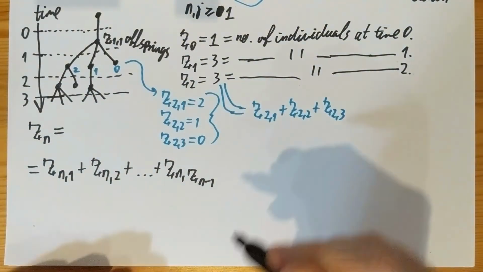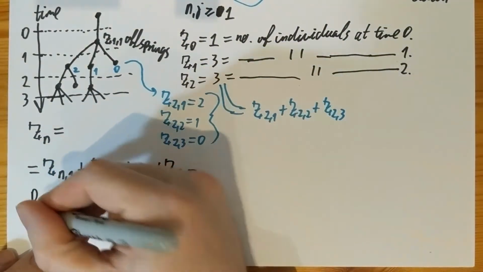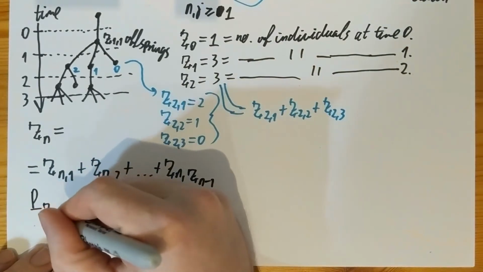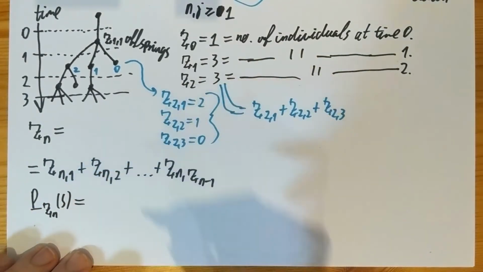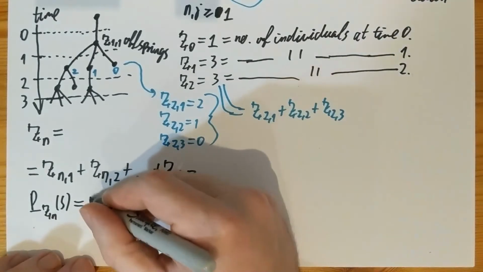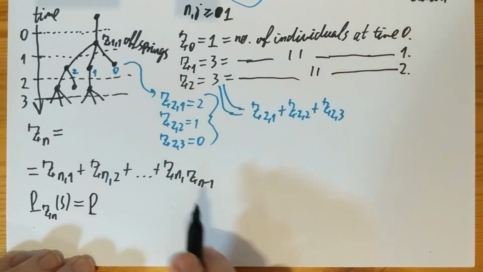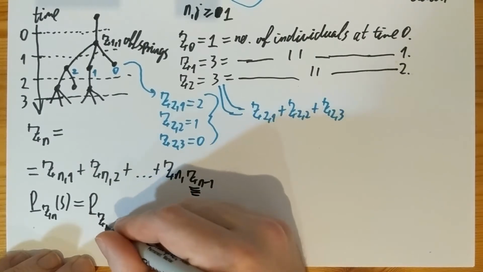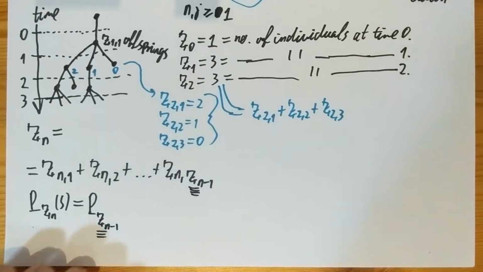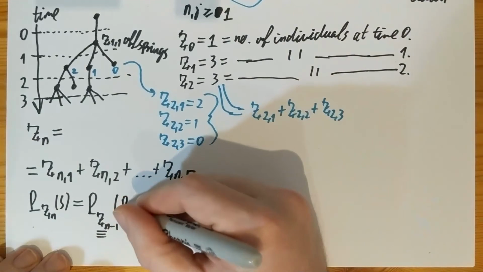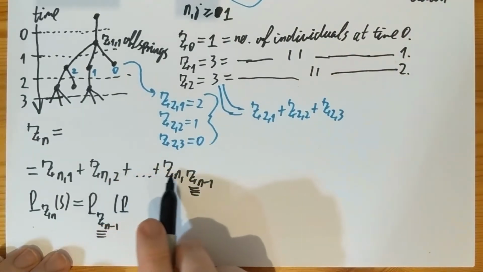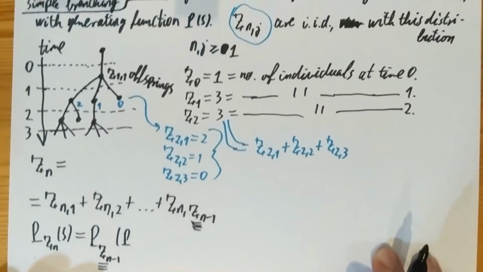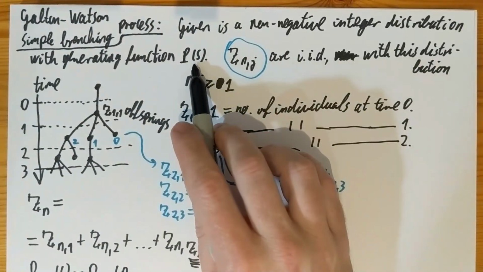And that implies that the generating function of this random sum, as discussed before, is going to be the generating function of how many variables I end up with. Well, this is how many I end up with: Z of n minus 1 many are added up, of the generating function of all the individual Z n,j's, which is supposed to be this P there.